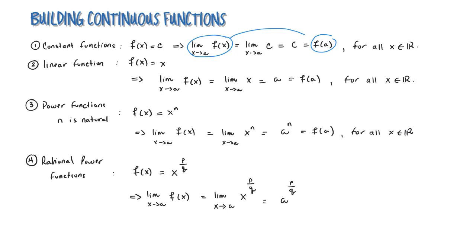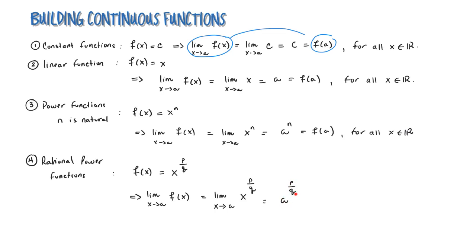And I just want to make sure again that we go back to this agreement that if the denominator of the exponent is even, a has to be positive. Because if it's even, imagine that q is like 2, then that transfers to taking a square root, and the square root of a negative number is undefined. So we are conforming to all of those conditions here, that if q is even, a has to be positive.